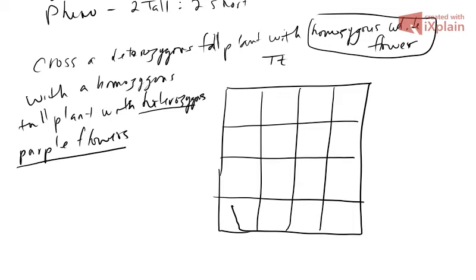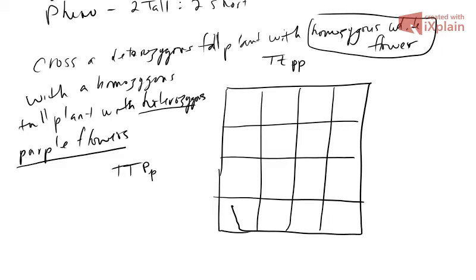Heterozygous purple tells us that purple is the dominant allele. We'll use p because purple is dominant, and because this is homozygous white, that means lowercase p, lowercase p. Now over here, a homozygous tall plant, so big T, big T, with heterozygous purple flowers, big P, little p.